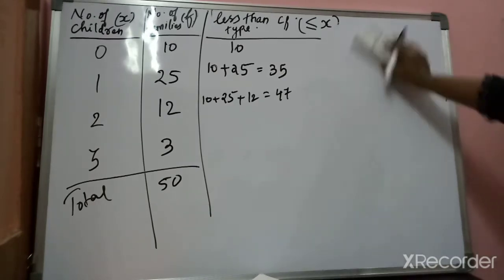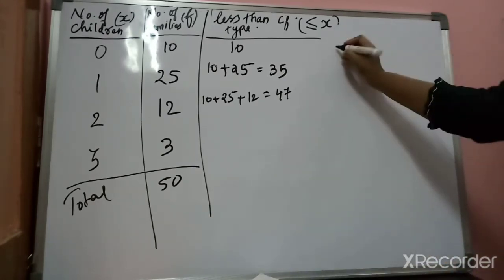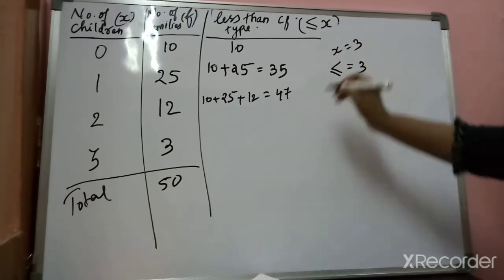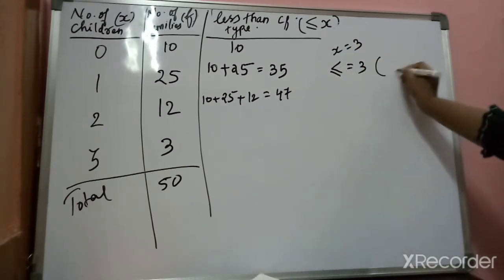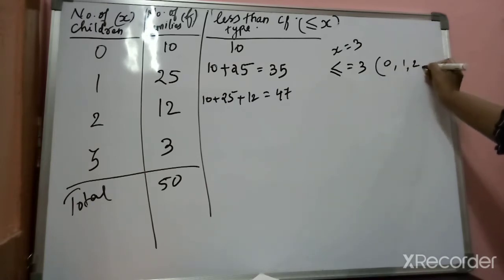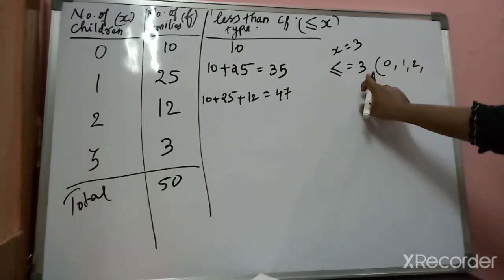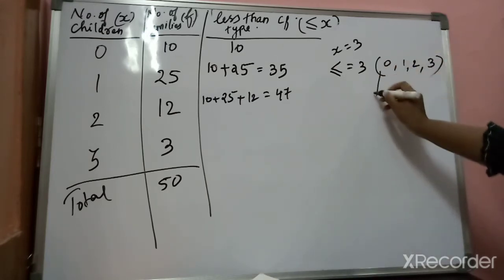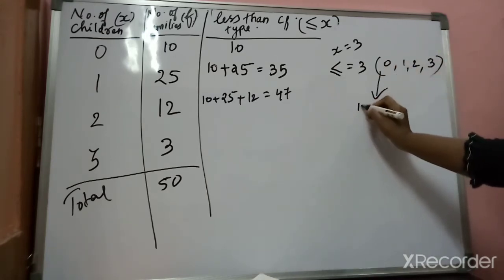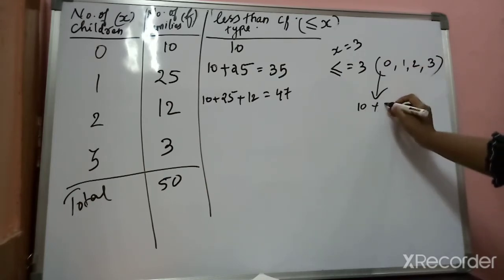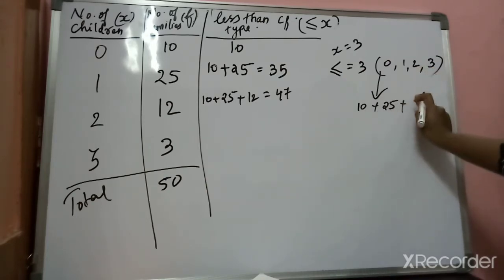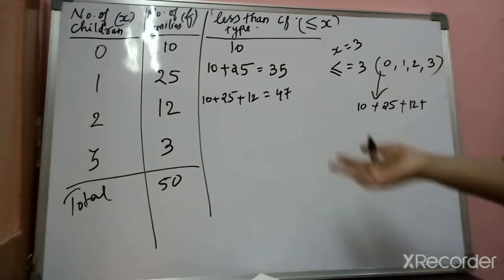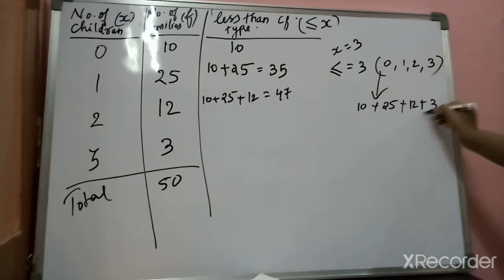Clear? Then again the last one would be x equal to 3. So less than or equal to 3. Less than 3 would be 0, 1, 2, and equal to 3 also comes. So for 0 children it is 10, plus 1 child is 25 families, 2 children is 12 families, and families having 3 children are 3 families.